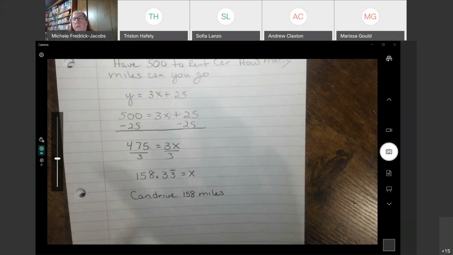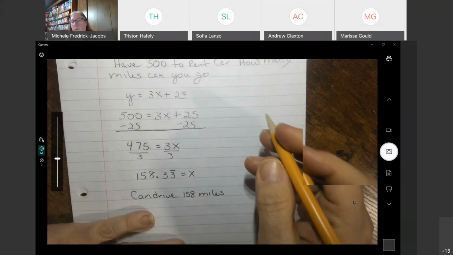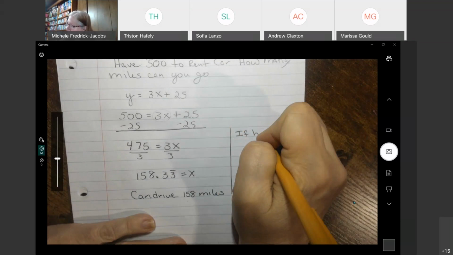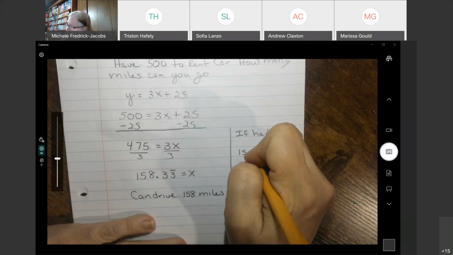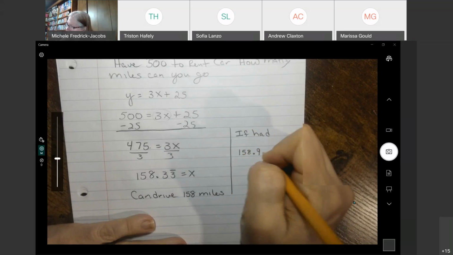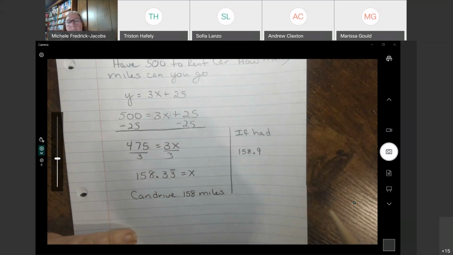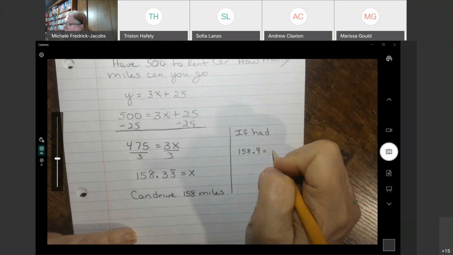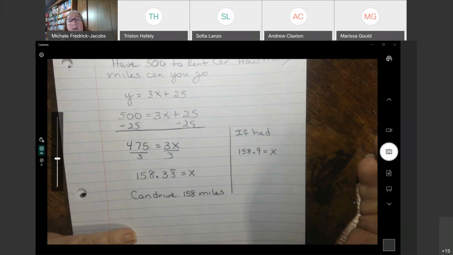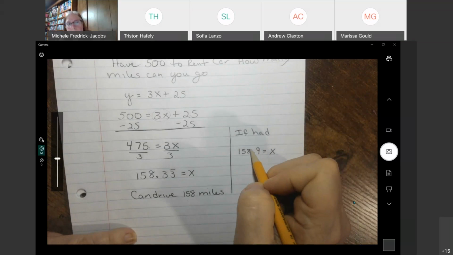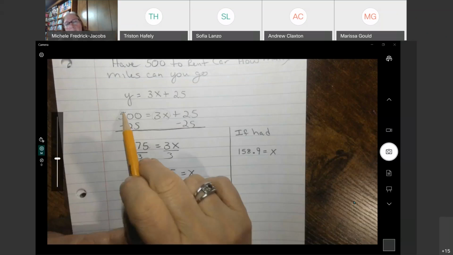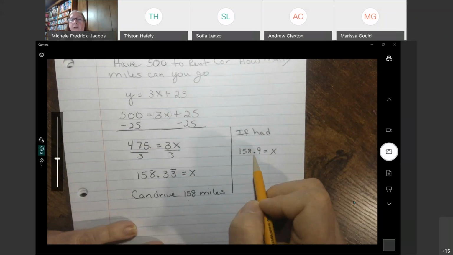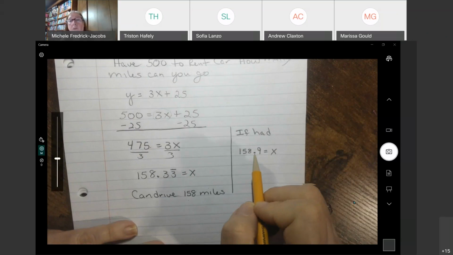Now, when you're talking about cost, you need to be careful when you're rounding. If we had 158.9 for X and we wanted to round to the nearest mile, we cannot round up, because we only have $500. This uses all $500. If we had gotten this decimal, you have to drop the decimal.